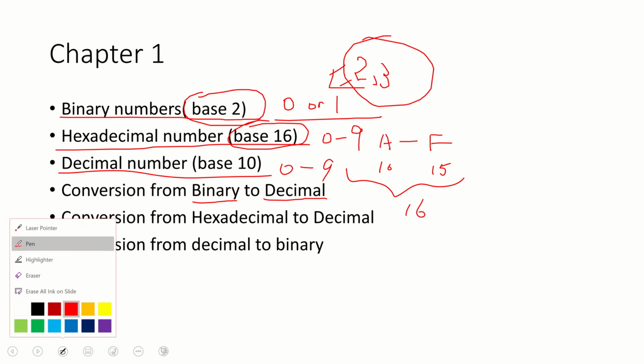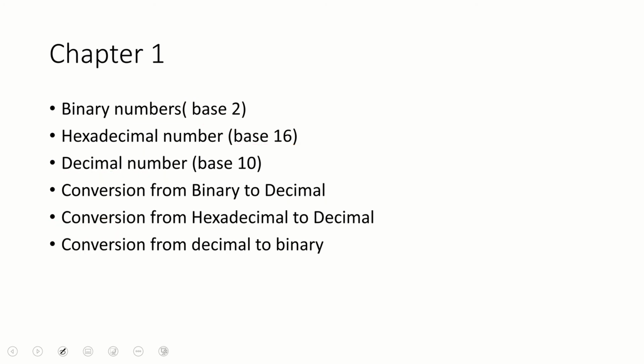After that, you should know how to convert a number to decimal. If you have a decimal number like 120, how can we convert it? First of all, you need to know decimal is base 10, which means each digit is multiplied by a power of base 10.